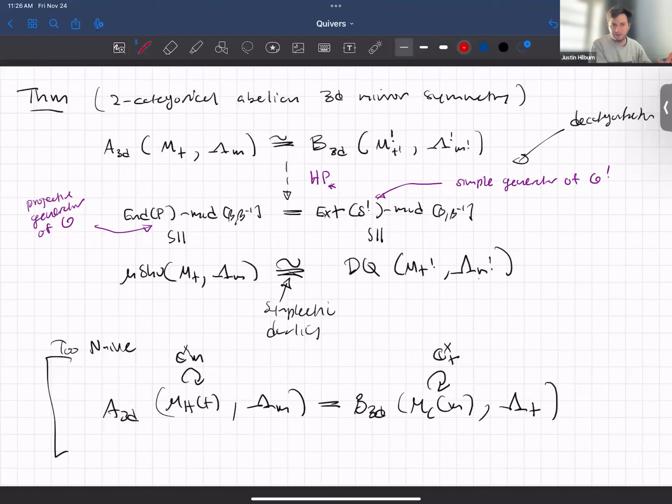So you shouldn't be surprised. In particular, it knows all the 3D Seiberg-Witten invariants. H mod U1 knows all the 3D Seiberg-Witten invariants, so it better not just be a point. That's why I don't phrase it this way.